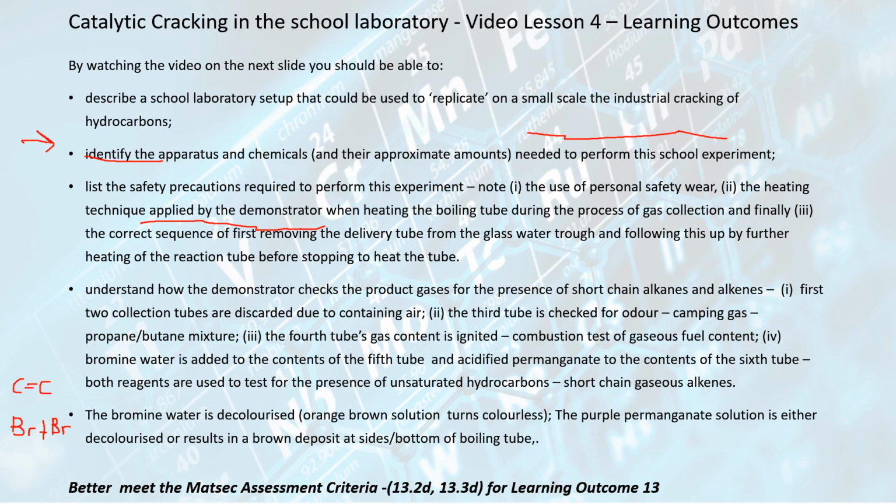The bromine would therefore lose its orange-brown color, and each of the bromine atoms would attach to the short chain alkene, which no longer remains an alkene, because once the bromine atoms add on, the double bond is in turn broken down.